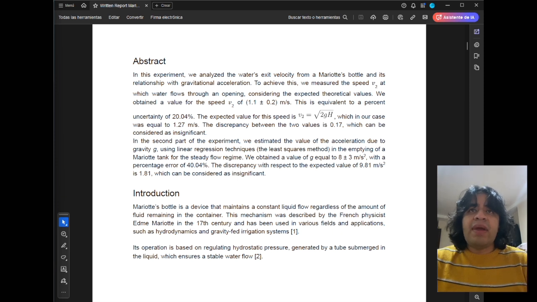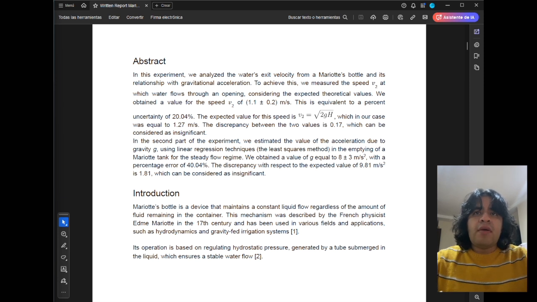Additionally, we estimated a gravitational acceleration of 8 plus minus 3 meters per second squared, with a percentage uncertainty of 40%. Despite measurement limitations, our results had enough precision and fall under the calculated accepted error.